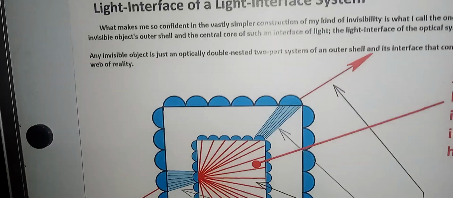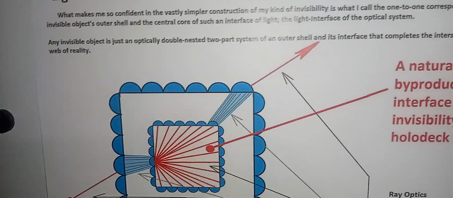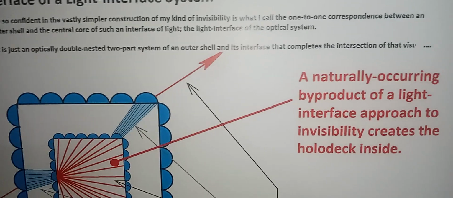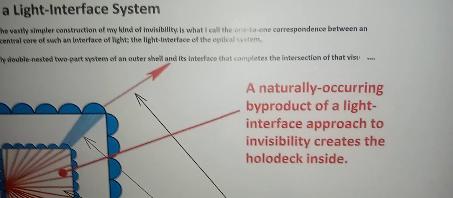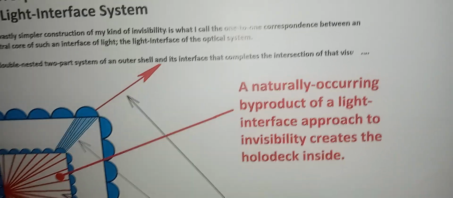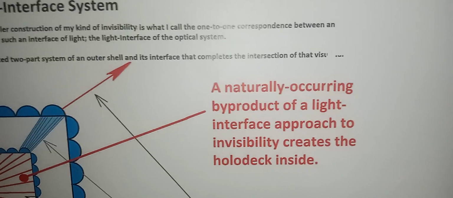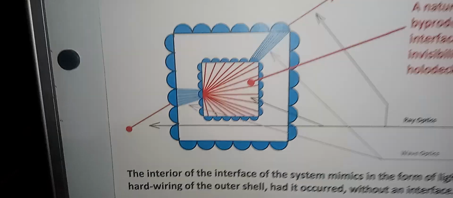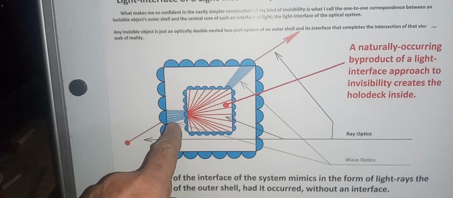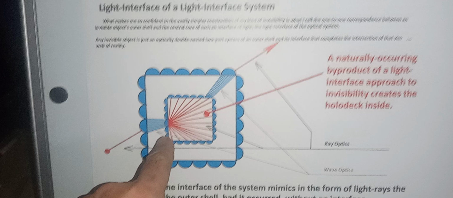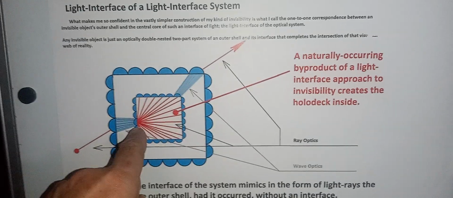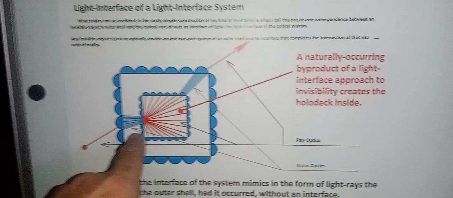And an optically double-nested two-part system of an outer shell and its interface completes the intersection of that visual web of reality.